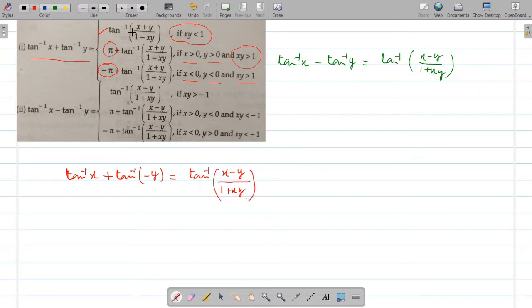So here I have substituted this y as minus y. And we know that tan inverse of minus x is minus tan inverse of x, as we know that tan inverse x is an odd function, because we can write tan inverse of minus x is equal to minus tan inverse of x. Why? Because it is an odd function.